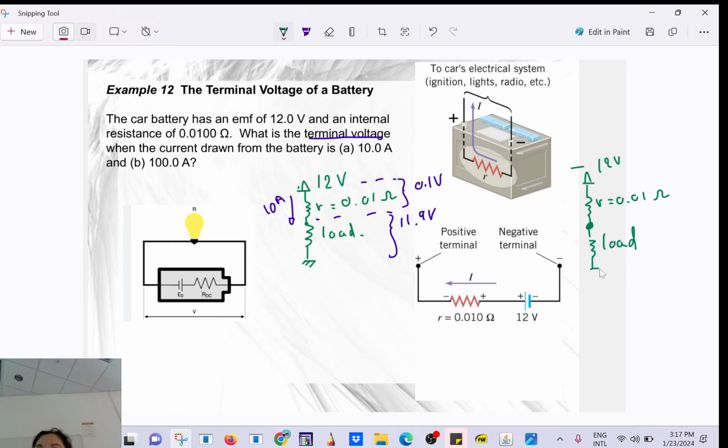And you go back to ground. And the current is 100 now. That's a typical current for a car battery. So what's going to be the voltage drop? 1 volt. Oh, terrible. So how much is left for your load? 11 volt. So this is what we call the terminal voltage.